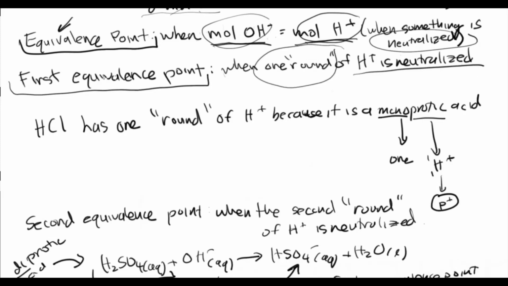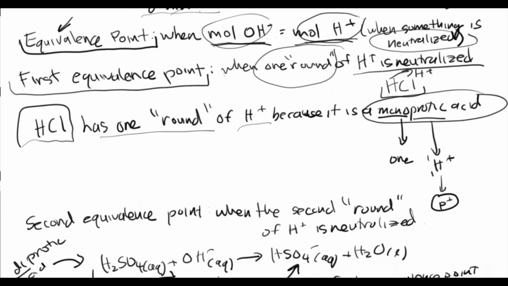Now, what does 1 round mean? Well, it just means that if you have an acid, then we're only looking at one of its H pluses. And since HCl has only one H plus, that's the only one we're looking at. So we can say that hydrochloric acid has 1 round of H plus, primarily because it has only one, and that's what we call a monoprotic acid.